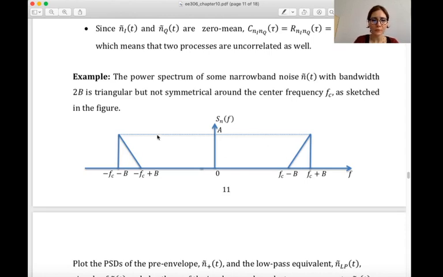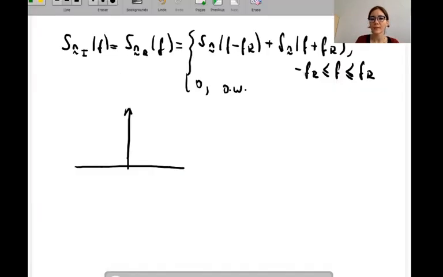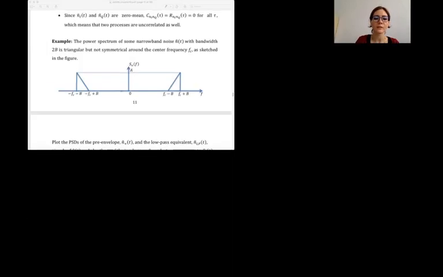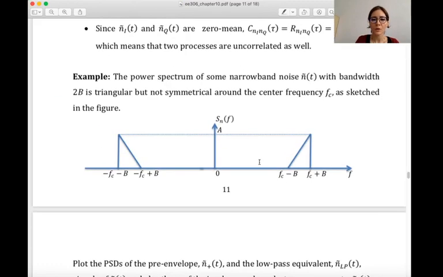So the first triangle will move to here. The middle point will be mapped to 0. And again, this one we are shifting to the right as well, but then it gets outside our interval. So what remains in the interval from the shift to the right, from Sn of f minus Fr, will be only this left triangle.